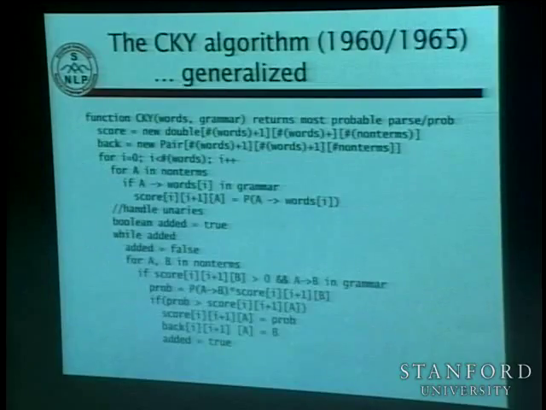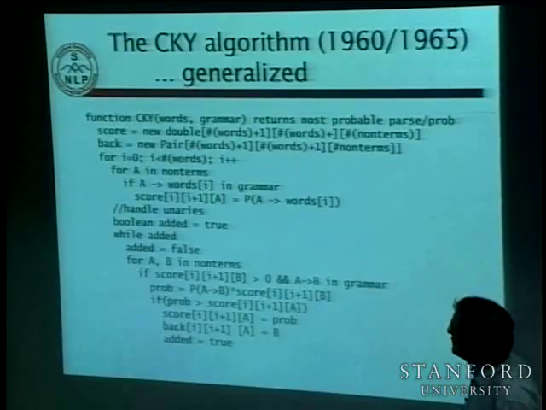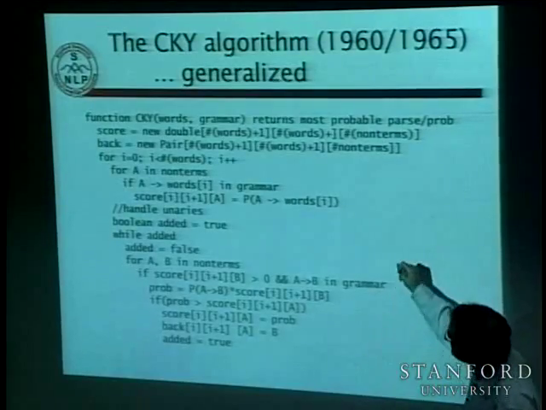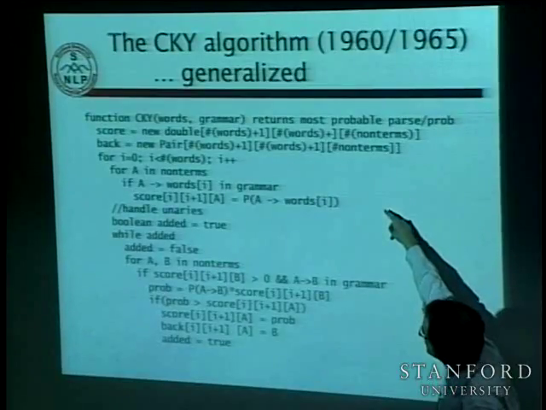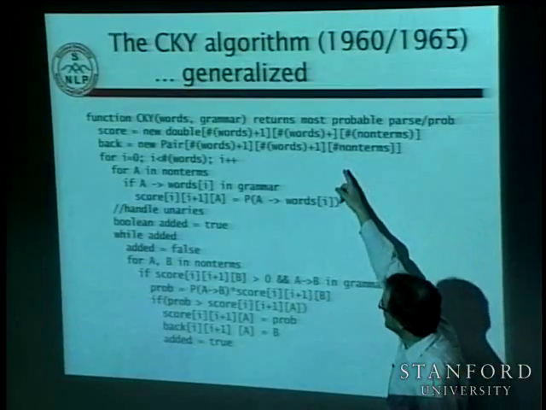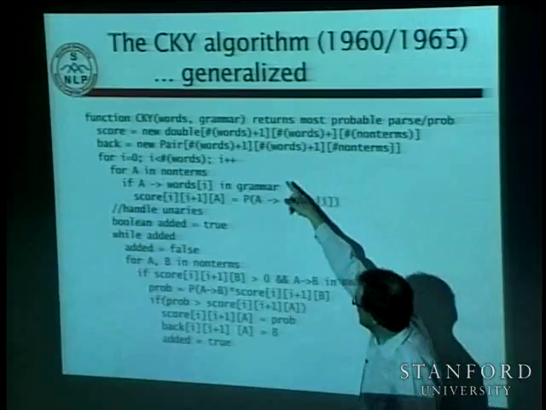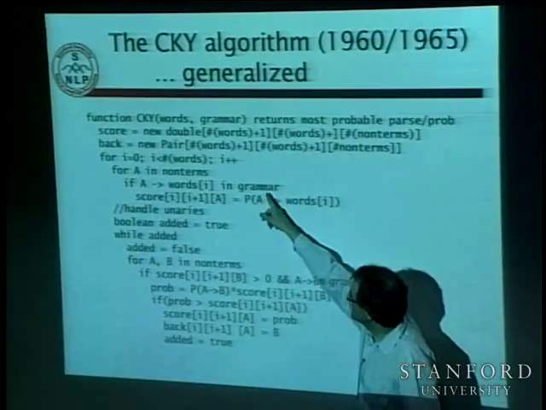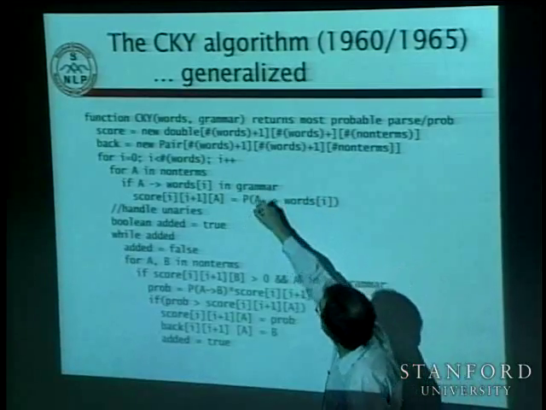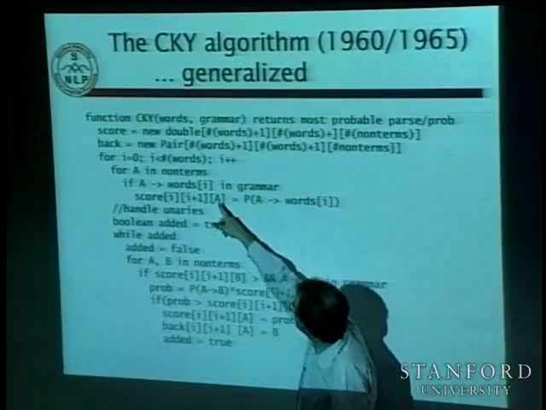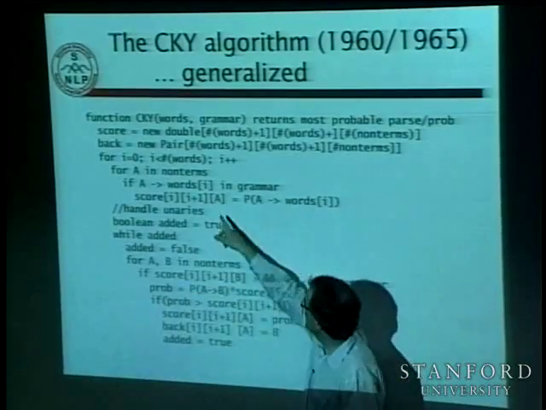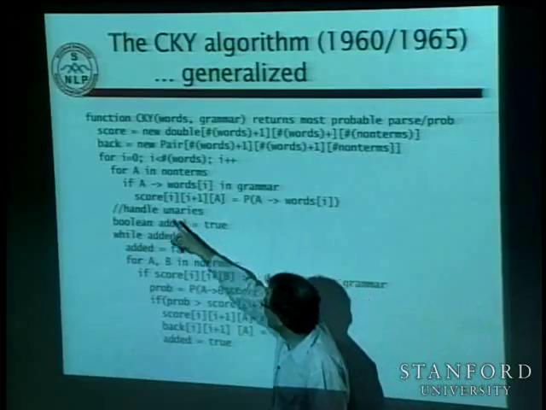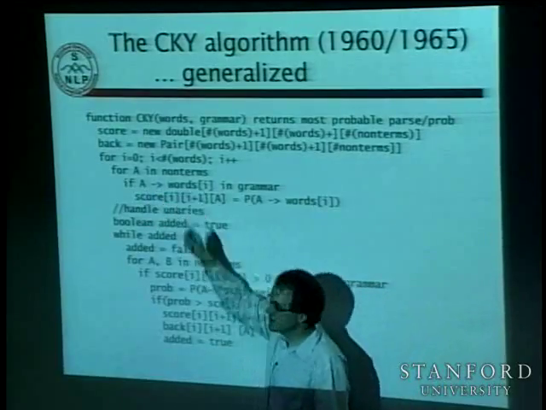Okay, so here is the CKY algorithm in great detail. So the first bit of the algorithm initializes. So, I have my arrays, and I have a sentence to parse, which is words, and I put into the diagonal cells at the bottom of my CKY chart all rules that are of the form A goes to a word.